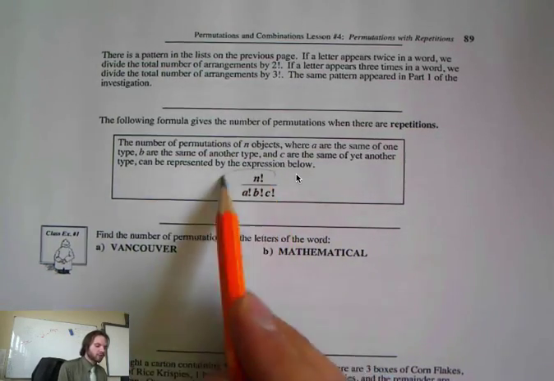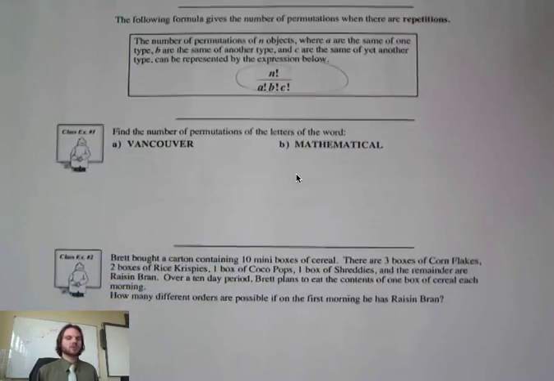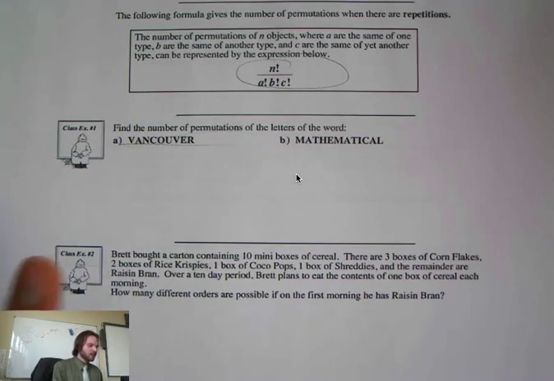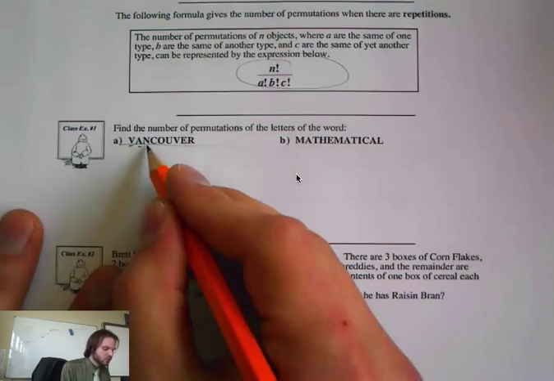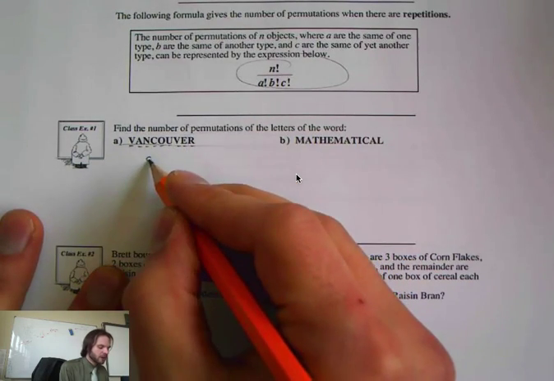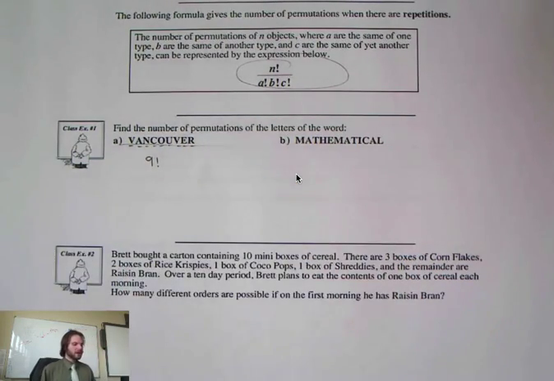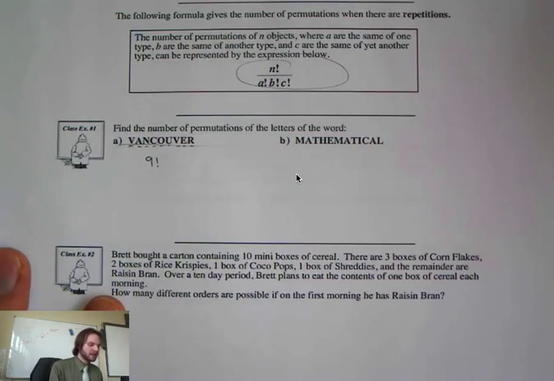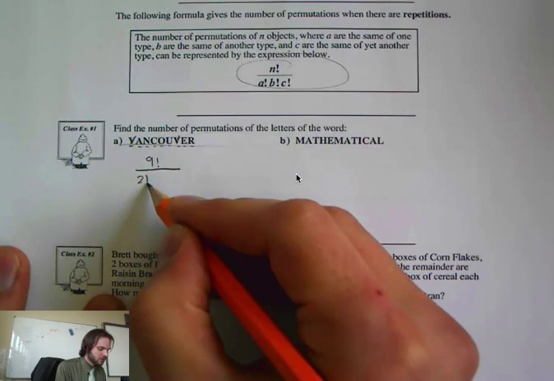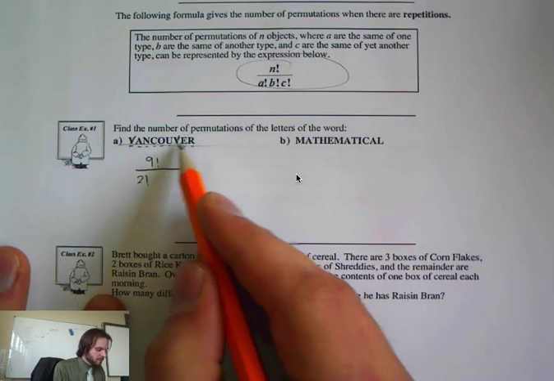Okay, so here's our formula for repetitions, and we're going to try and use that to help us with this. So it says, for the word Vancouver. Now I look at Vancouver, I have a total of 1, 2, 3, 4, 5, 6, 7, 8, 9. So that's 9 factorial, okay? But now, how many of these are repeated? I have 2 V's, right? So that's 2 factorial. Do I have anything else?